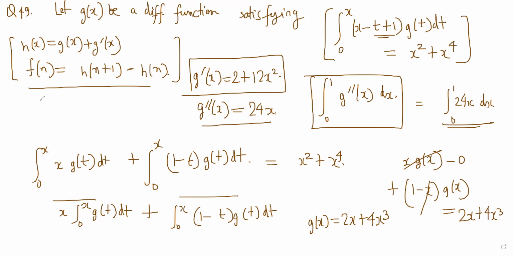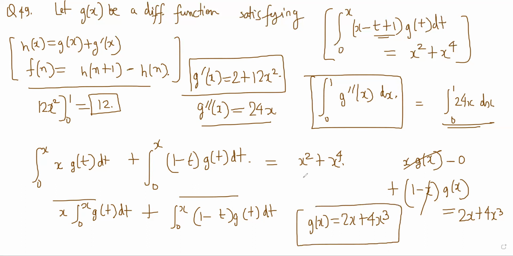And the value now we are getting is 24 into x square, so 12x square 0 to 1 is equal to 12, right? We have found one of the integrals, and we have also found our gx, by the way. So gx has come out to be 4x cube plus 2x, right? So obviously you'll find everything else. So this was question number 49. Let's look at question number 50.